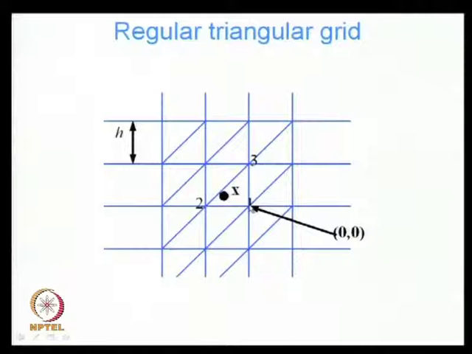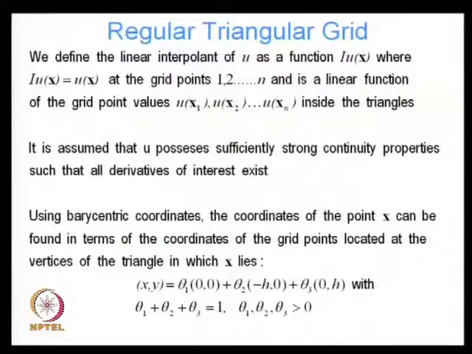And of course, we assume that u possesses sufficiently strong continuity properties so that the second order partial derivatives exist.